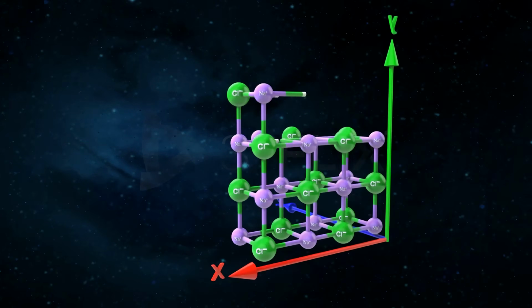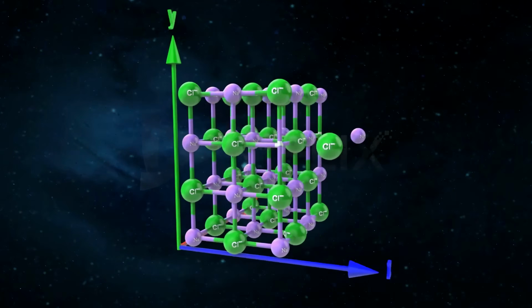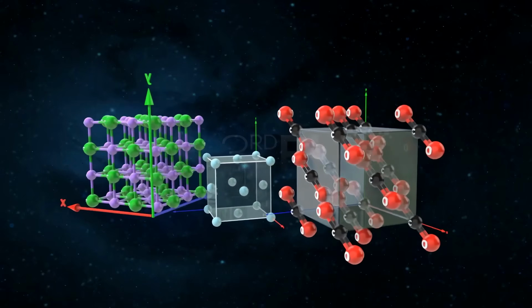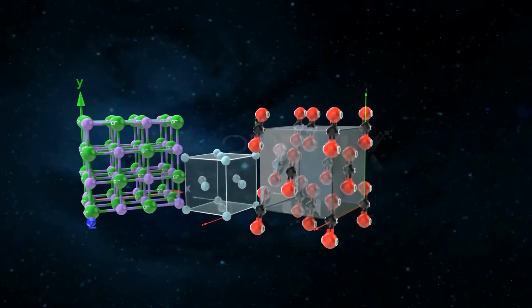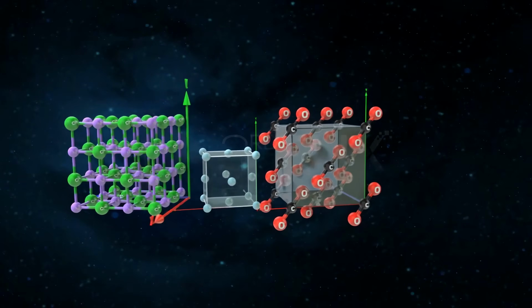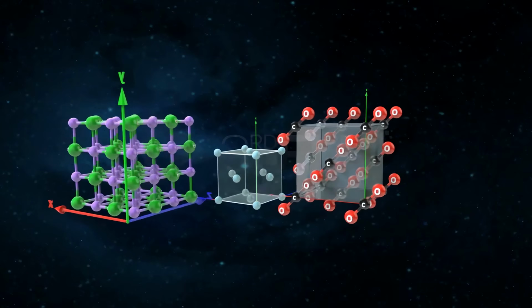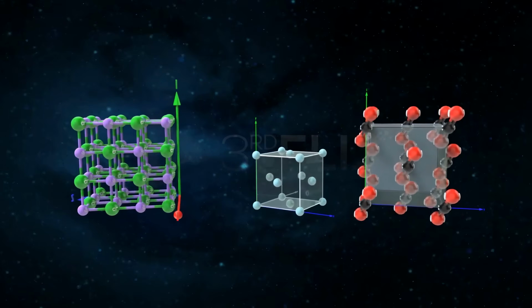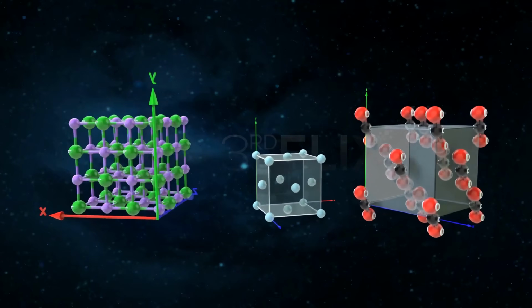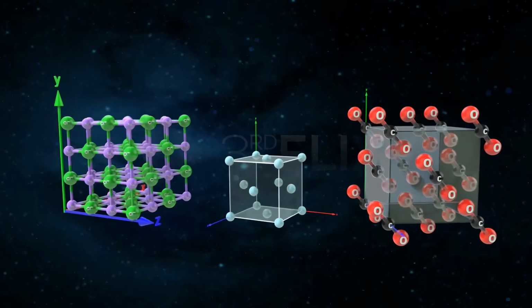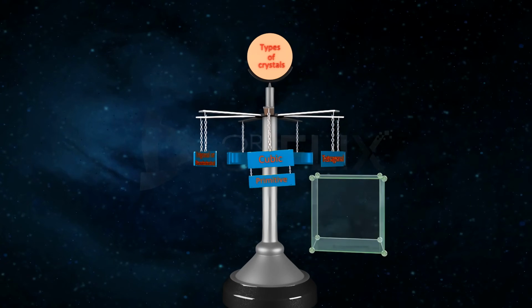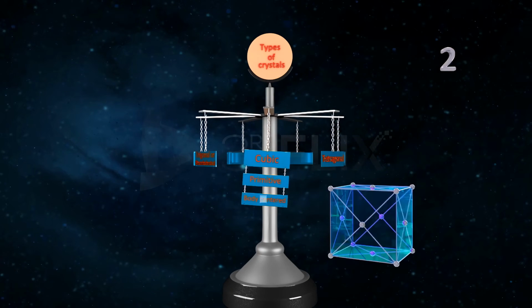So, a crystal lattice is a regular arrangement of constituent atoms, ions, or molecules in 3-dimensional space. Sometimes, a crystal lattice is also called space lattice or simply a lattice. There are only 14 possible 3-dimensional lattices.